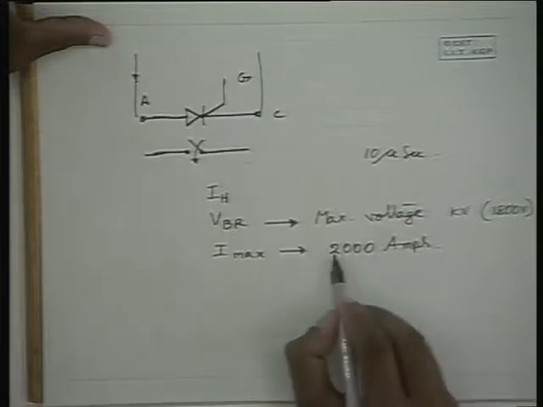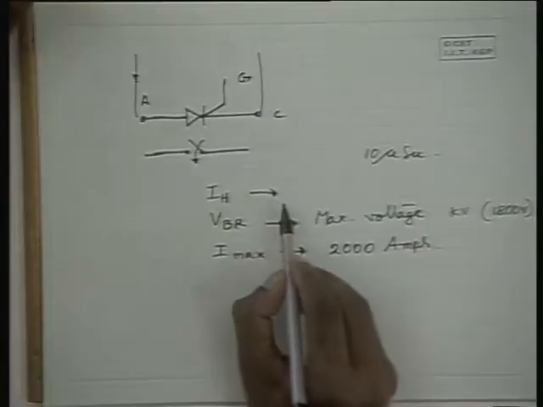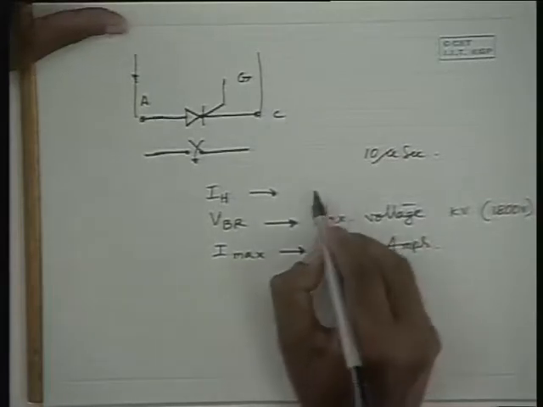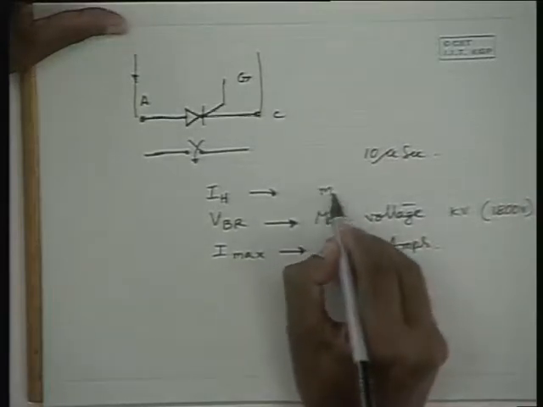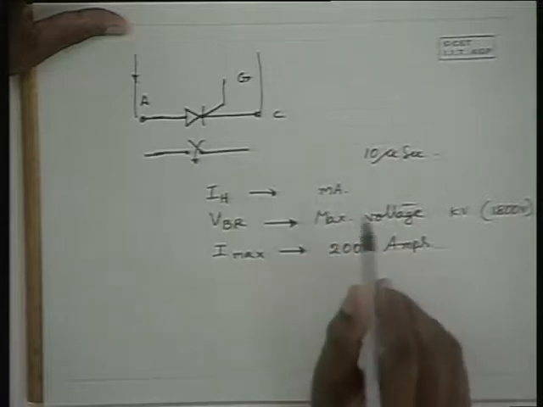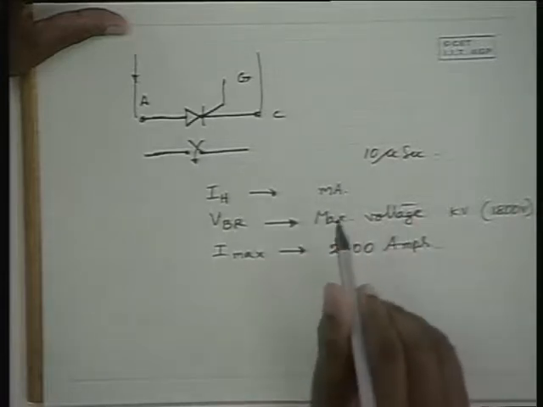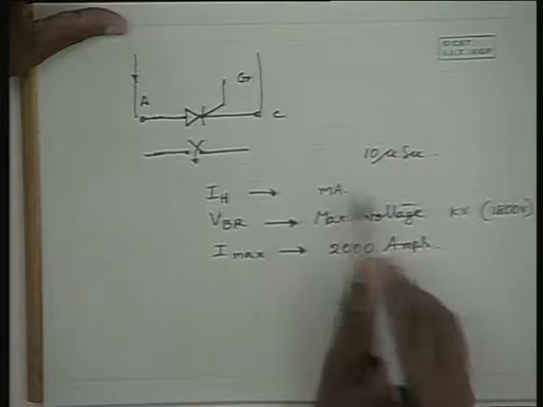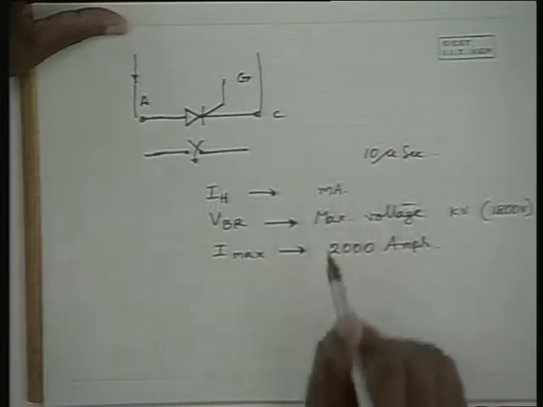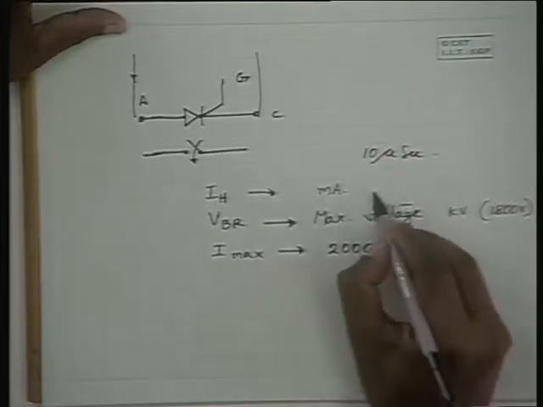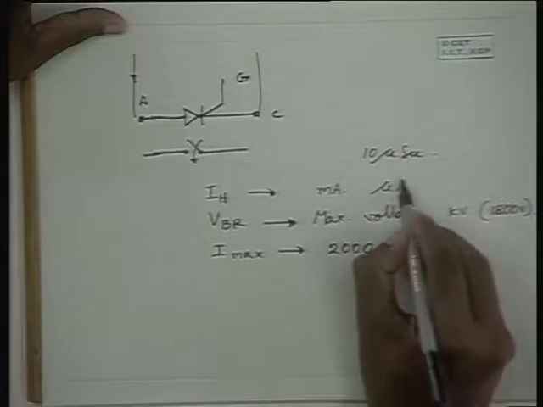That is the order of the current the device can sustain. The holding current is very small, of the order of a fraction of a milliampere, for zero gate potential and even for appreciable gate currents, and it is of the order of microamperes.